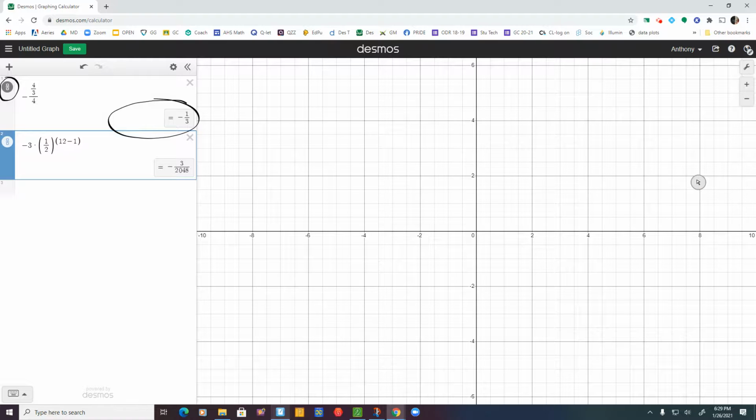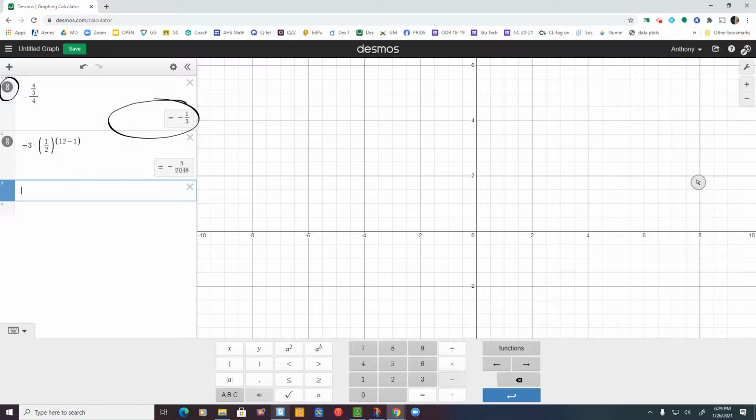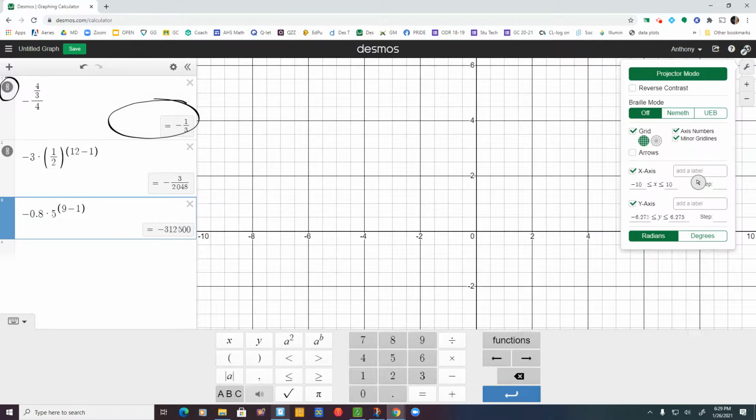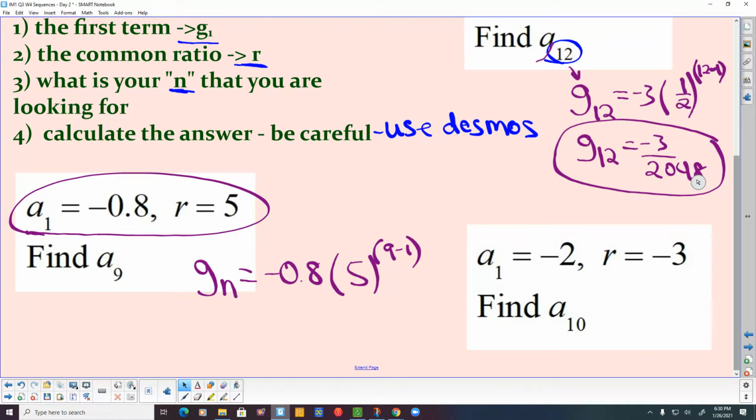Negative 0.8 times 5 to the power of, parentheses, 9 minus 1, and close the parentheses. Negative 312,500. I'll make that bigger so you can see it better. G of 9 is negative 312,500. Okay, that's how you use the formula.